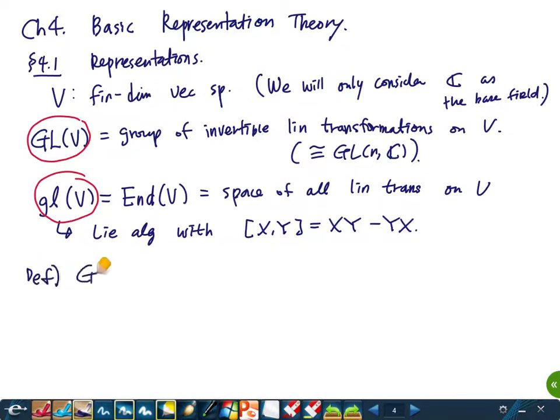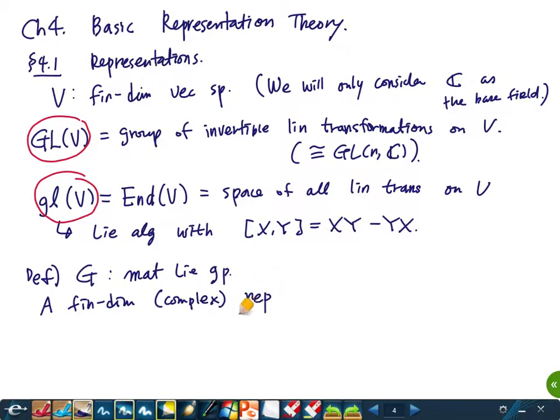So now G is any matrix Lie group. And a finite dimensional representation, we will always assume that it's a complex representation.